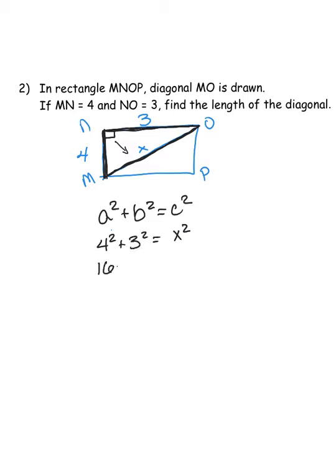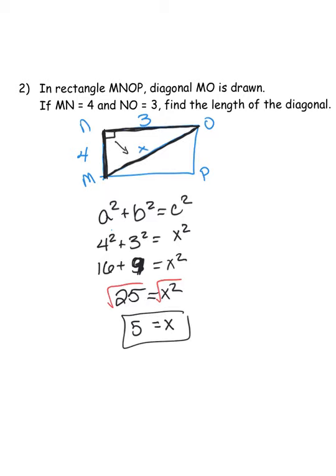So 4 squared is 16, 3 squared is 9. If I add them together, 16 plus 9 is 25. The opposite of squaring something is square rooting it. So I get x equals 5. Go back and read. It says find the length of the diagonal. The diagonal is x, so the diagonal is 5.